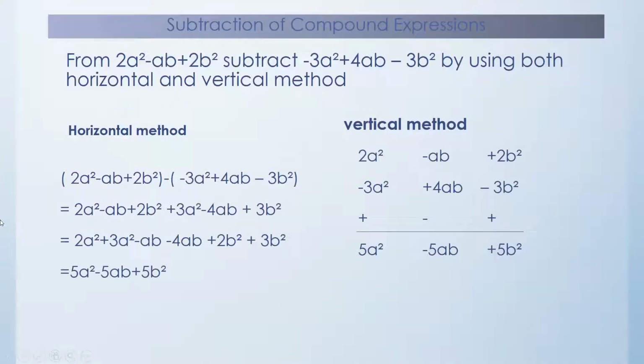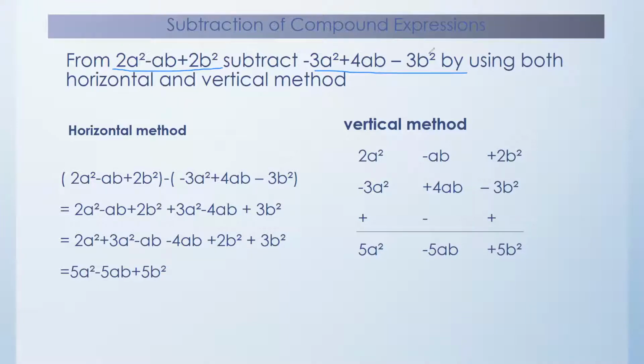9a square. In the same way, beta, if there is a compound expression, don't worry about that. Just remember the basic rule of subtraction. What is the basic rule? First read the question, that from this term subtract this compound expression.